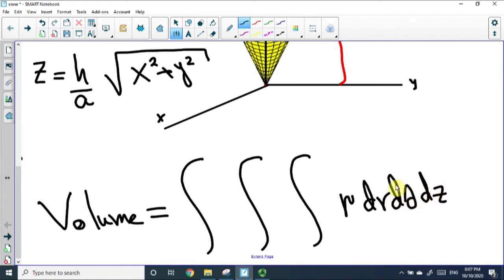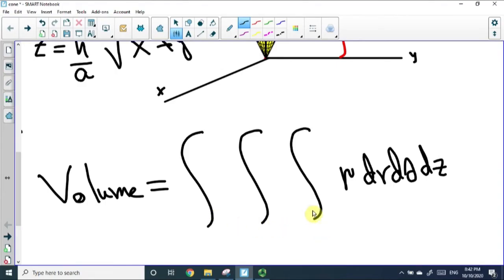So I know that this is the volume element, an infinitesimal volume in cylindrical coordinates. Once I decided on the coordinate system, I know exactly what to put inside the integral. The only problem now is how to write the boundary limits, the limits of integration. And that is the main task of the problem. So let's do that in the next step.